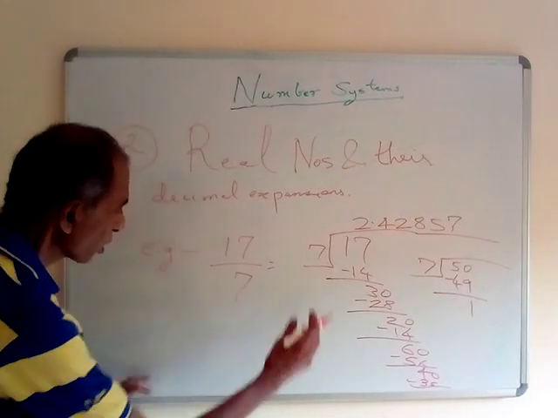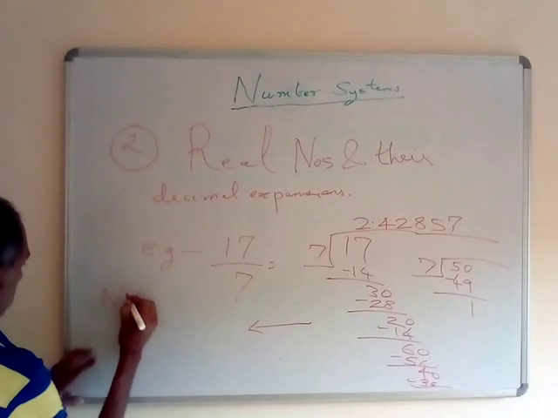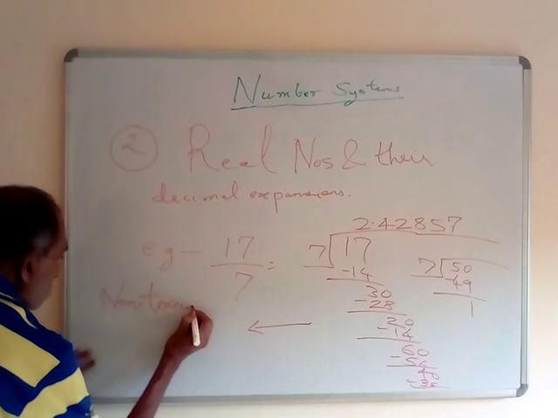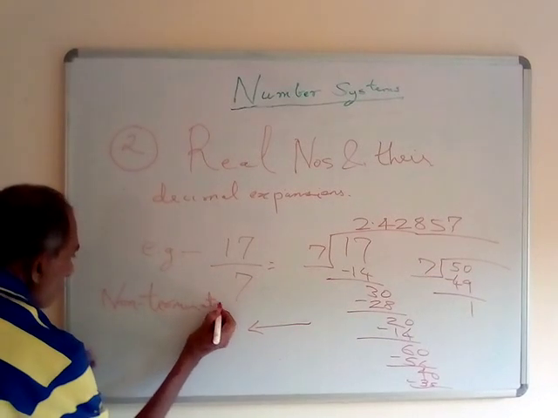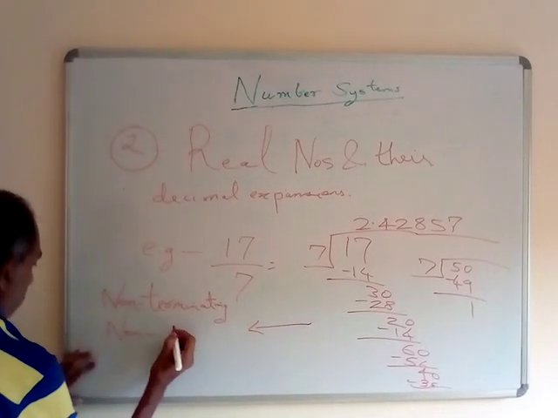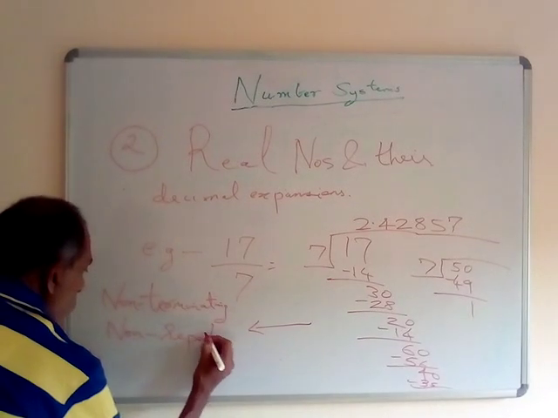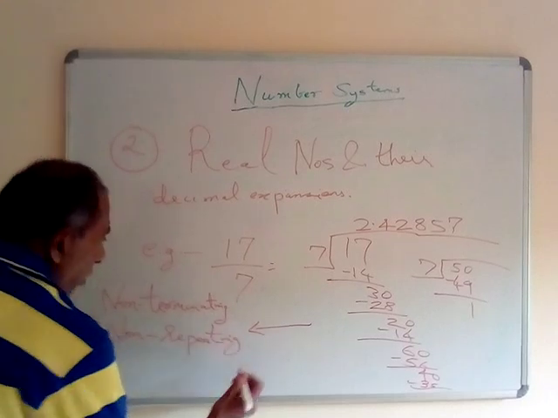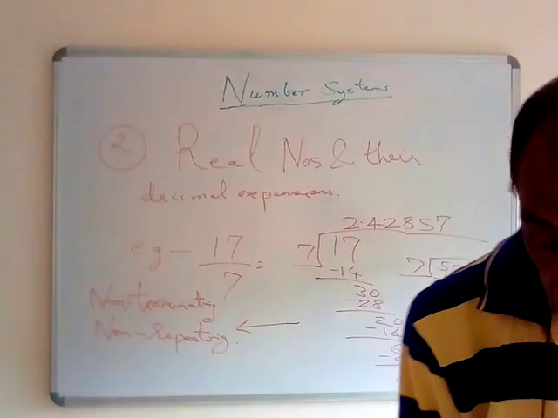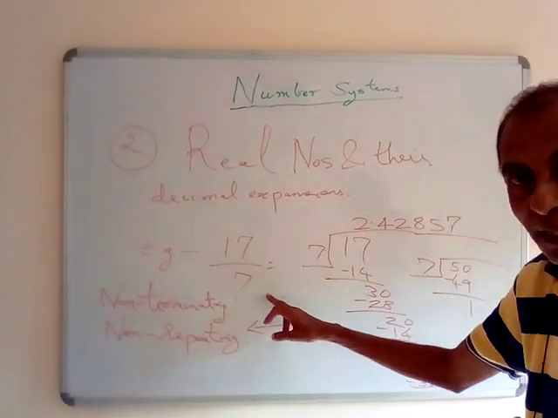So this is an example of non-terminating, non-repeating. So when the decimal expansion of any real number is non-terminating, non-repeating, then we can say that this is an irrational number.